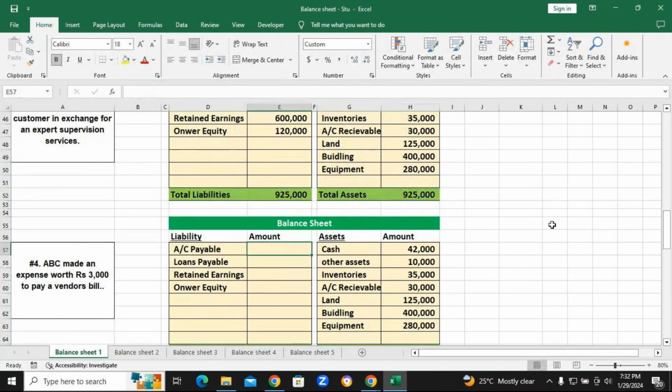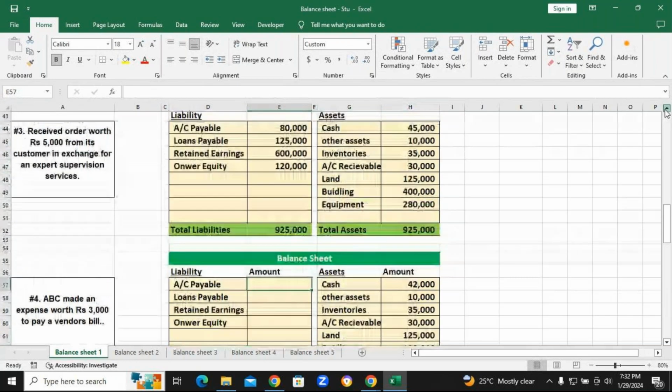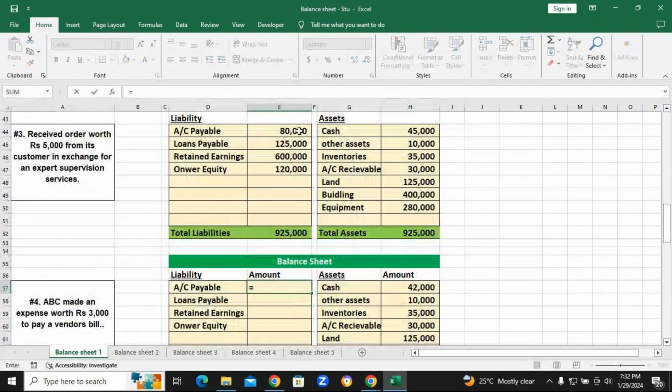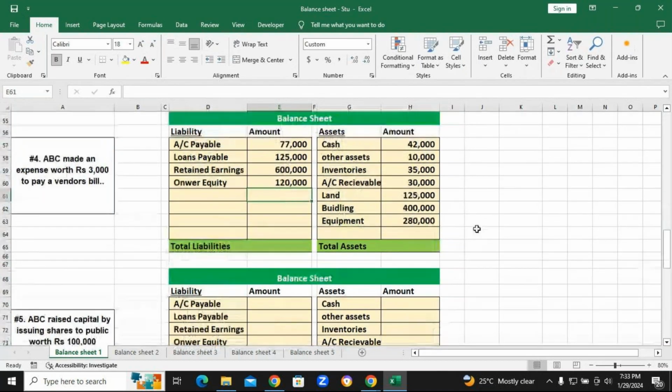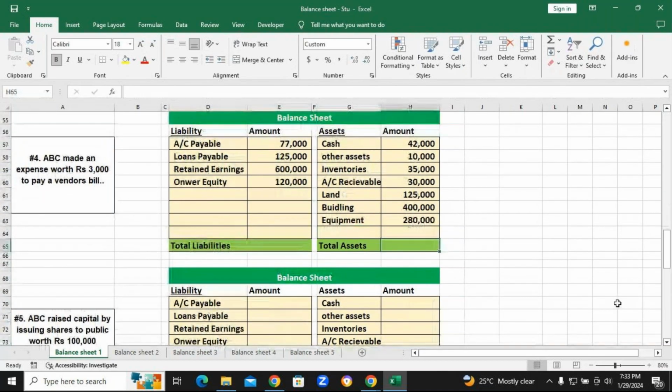Whatever I was supposed to pay, 80,000, out of which I have paid 3,000 rupees. So that will be 77,000. Loans payable 1,25,000. Retained earnings 6 lakh, and owner's equity 1,20,000. So overall assets equals 9,22,000, and on this side total liabilities 9,22,000.